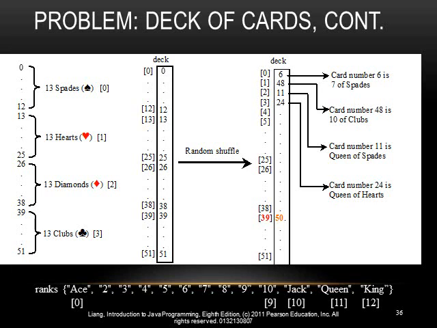Well, 39 divided by 13 is 3. Consequently, the suit is clubs. And the value of our 39th element is 50. And so 50, mod or remainder, 13 is 11. Therefore, the card is a queen. The result is the queen of clubs. Try it for yourself.